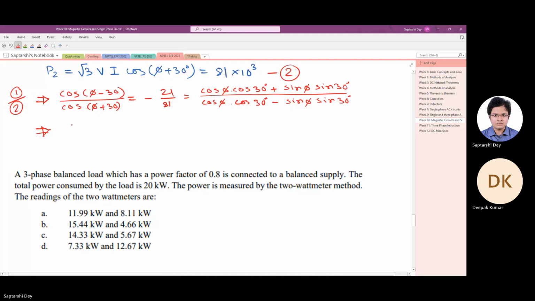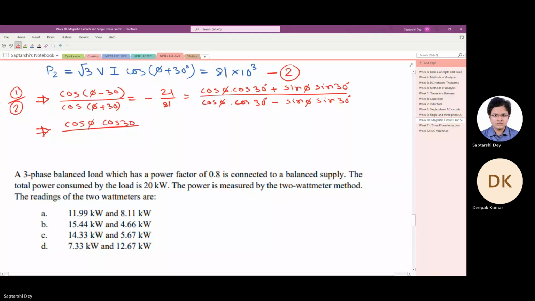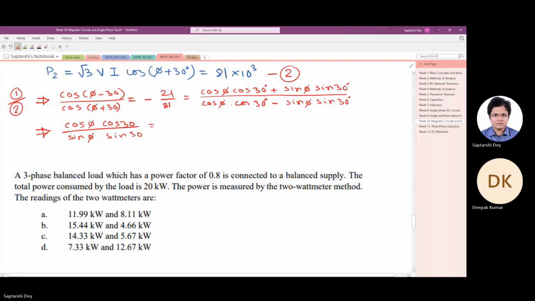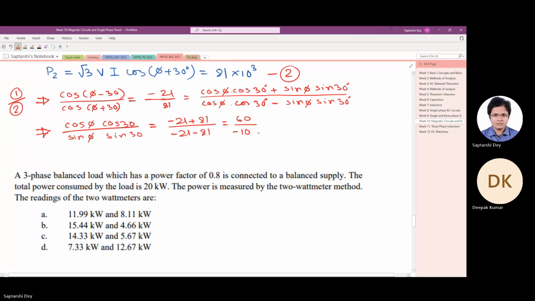That will give you cos phi cos 30 by sin phi sin 30. We will take this minus on the numerator. That will give us 21 plus 81, that is 60, by minus 102.